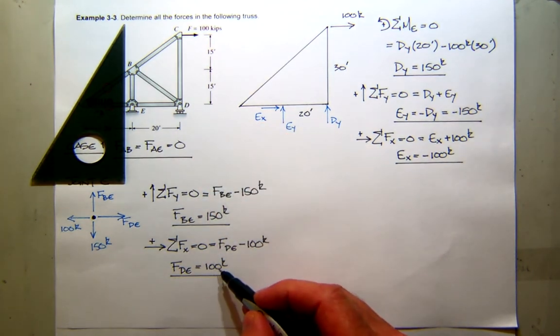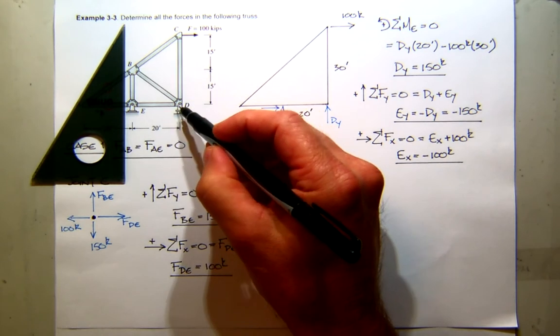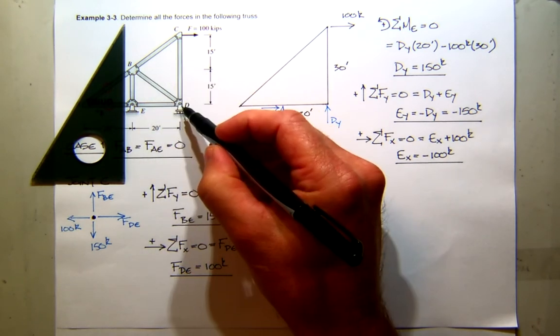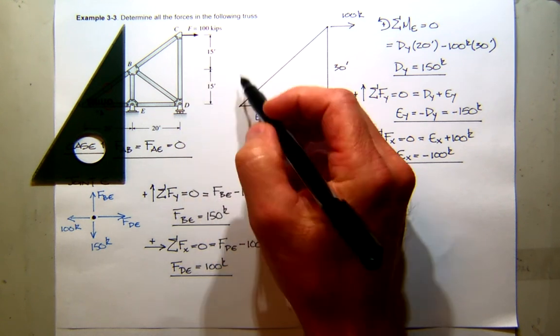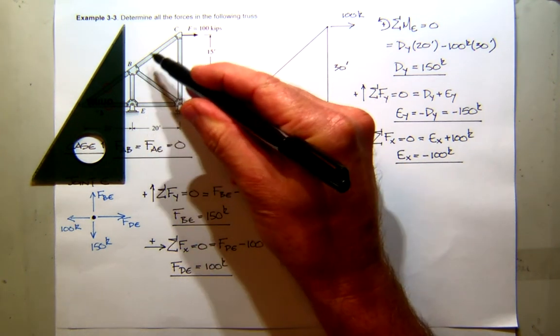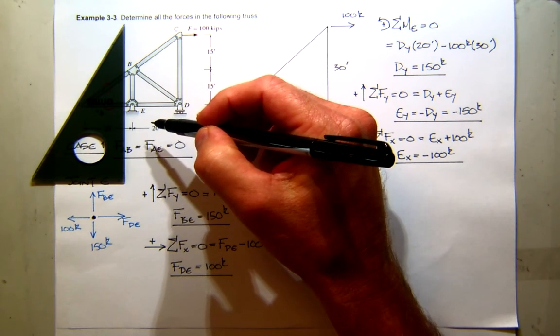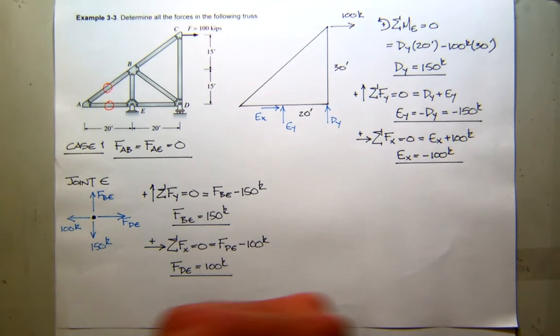That means it's in tension. At the same time, how is this structure going to move about D? Clockwise. It's going to try to move clockwise, which means all these elements here are probably going to stretch, which means they'll be in tension too. And we just found out that BE was in tension. So that seems to be reasonable so far.